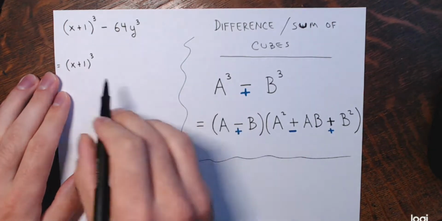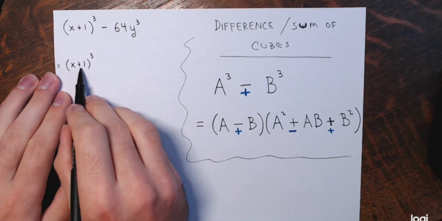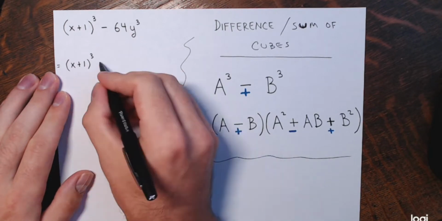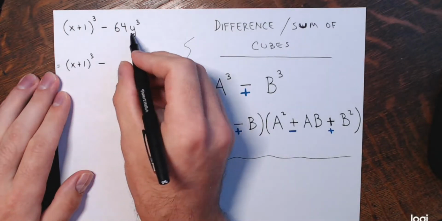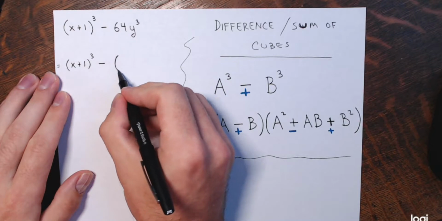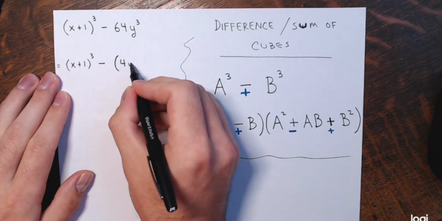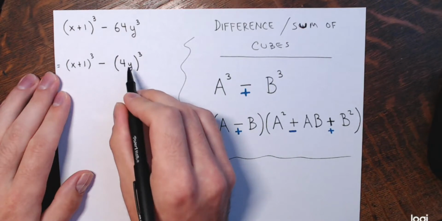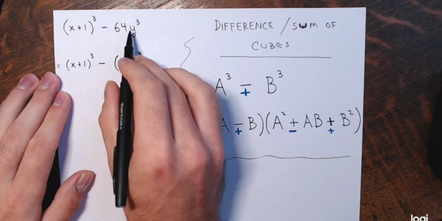So x plus 1 acts like the a, minus, and then 64y cubed. 64 times y to the third, that's 4y to the third, right? 4y times 4y times 4y would be 64y cubed.